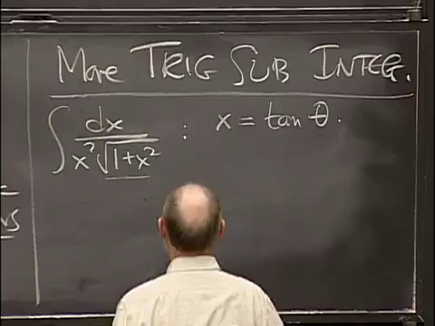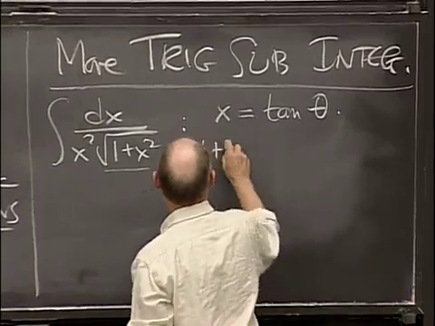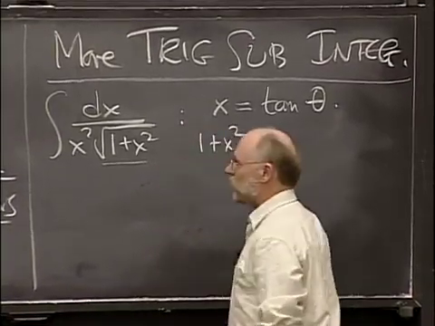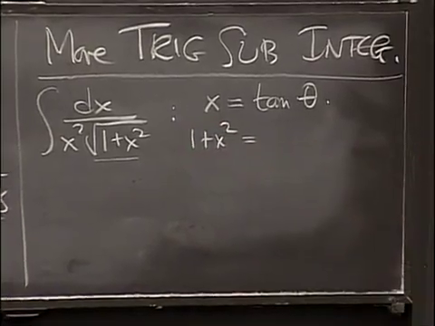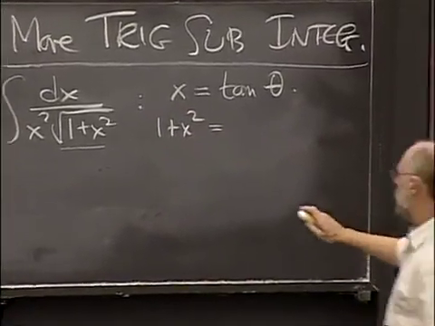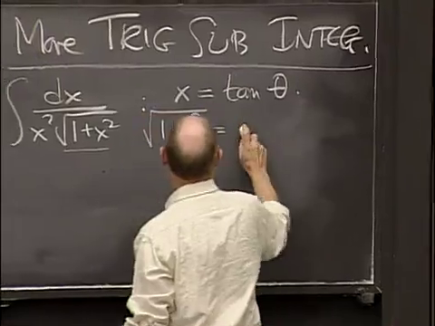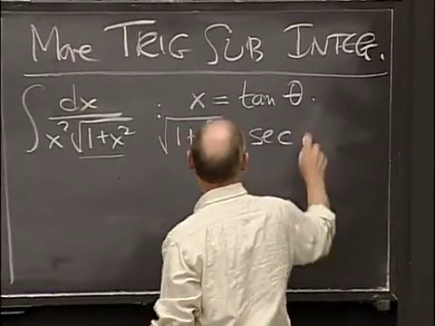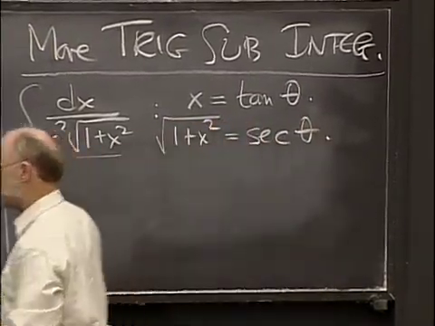Then 1 plus x squared is the secant squared, according to that trig identity. And so the square root of 1 plus x squared is the secant of theta.